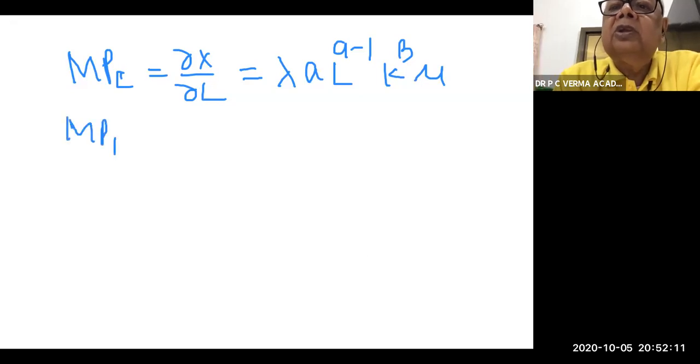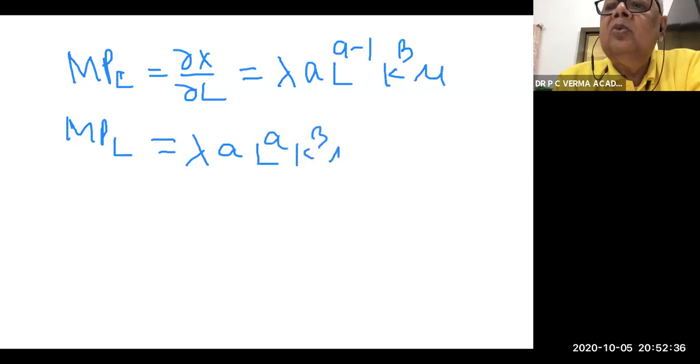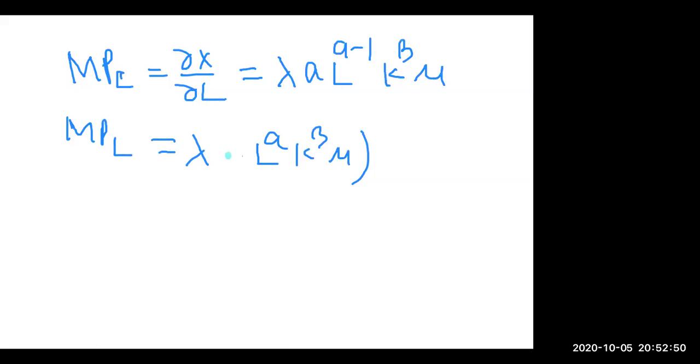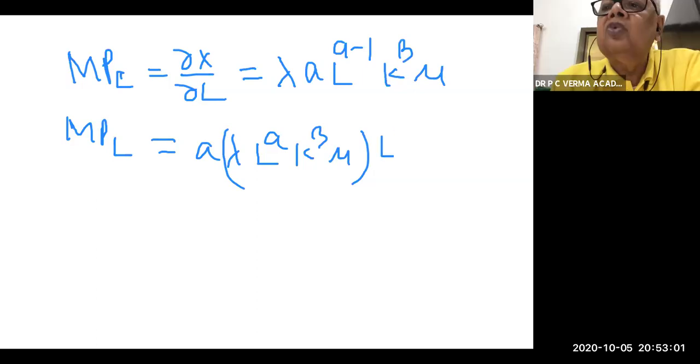It means marginal productivity of capital is equal to lambda alpha L alpha K beta mu by L, with L to the power minus 1.